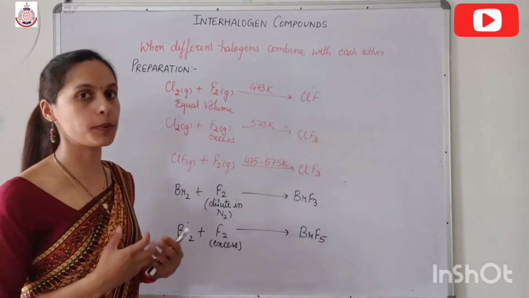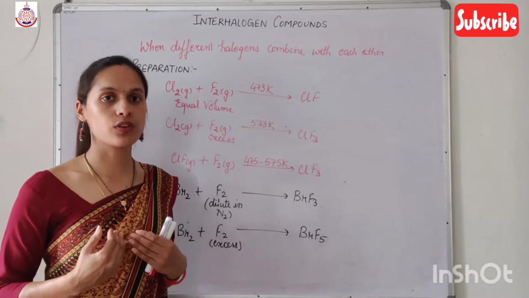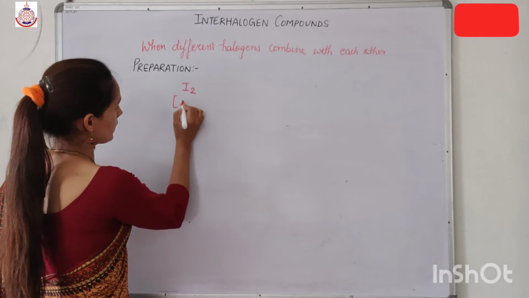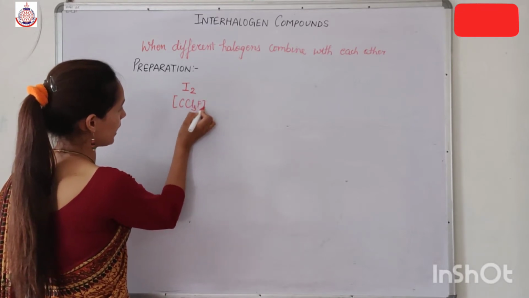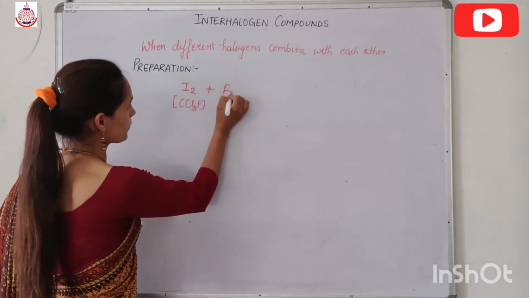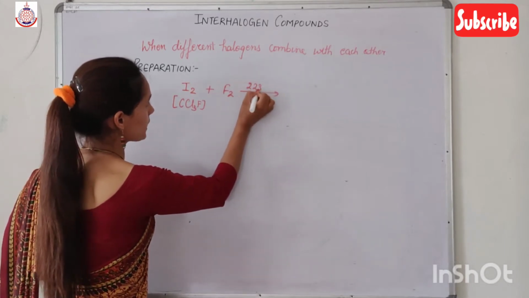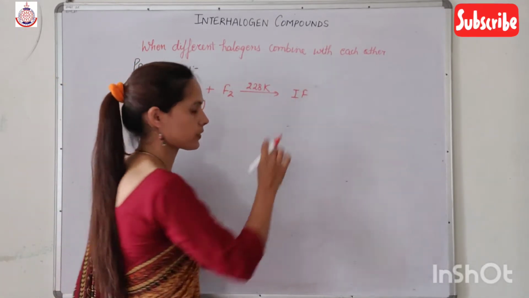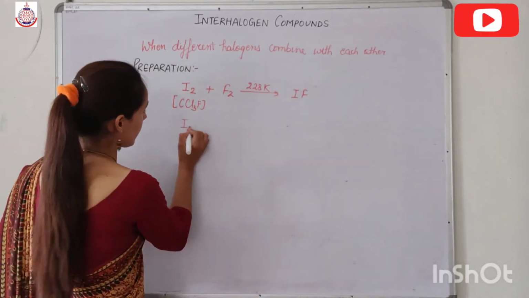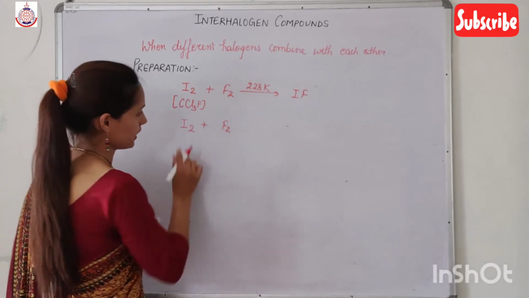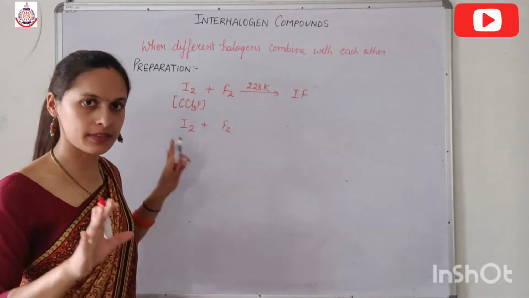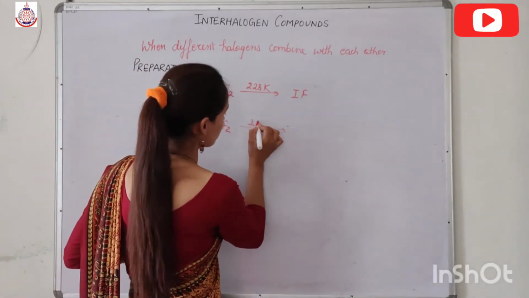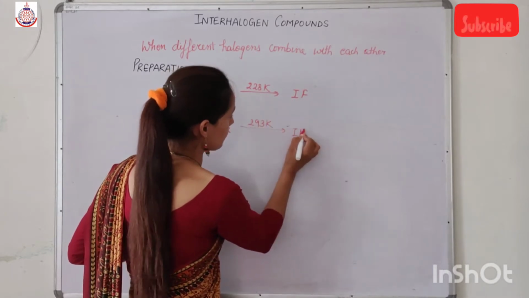Suppose we take the preparation of the interhalogen compounds of iodine. If we take iodine in CCl3F, and this iodine reacts with F2 at 228 Kelvin, I get IF. But if I react simple I2 and F2 at 293 Kelvin, then I get IF3.